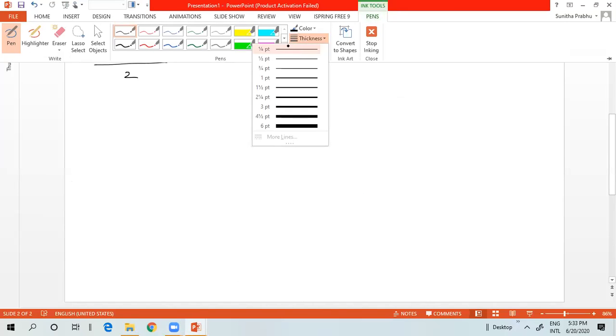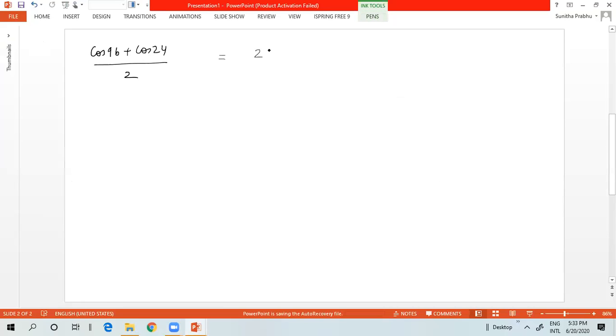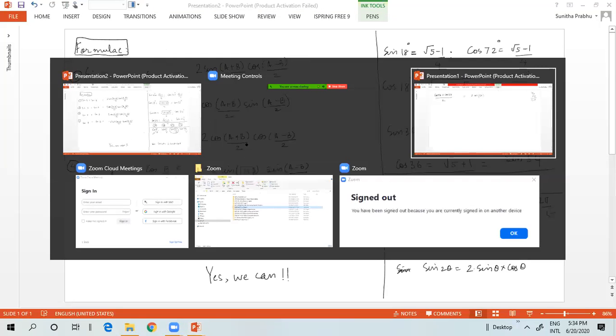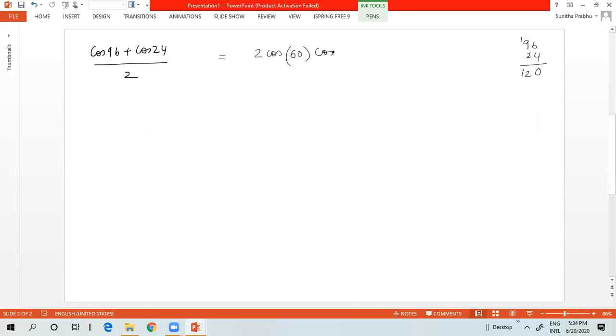It'll be 2 cos 120 by 2, which is nothing but 60, into cos A minus B by 2, that's 72 by 2, which is 36. And this we have divided by 2 here, so this 2 and this 2 cancel.